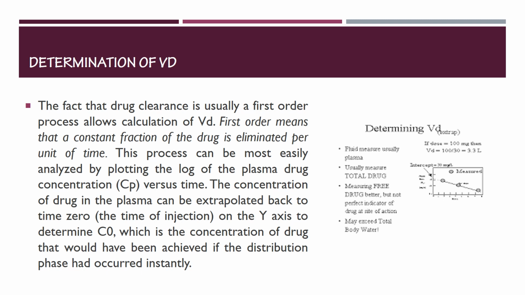The concentration of drug in the plasma can be extrapolated back to time zero, the time of injection, on the y-axis to determine C0, which is the concentration of drug that would have been achieved if the distribution phase had occurred instantly.